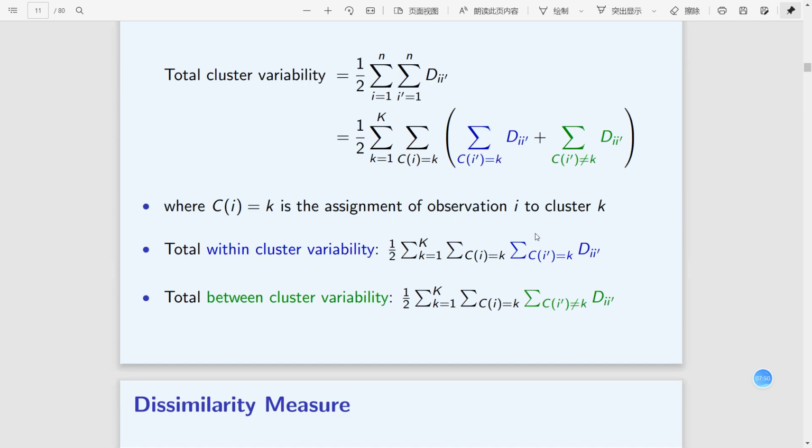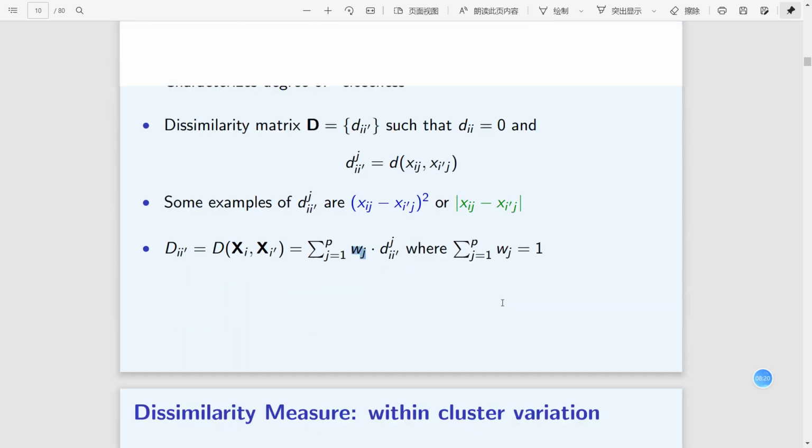Then we calculate for every sample in that class. K is important: assignment of observation to cluster K. So we assume we have a number of classes equivalent to K. Within one cluster, we use the formula I explained. Between the clusters, we will use this formula.